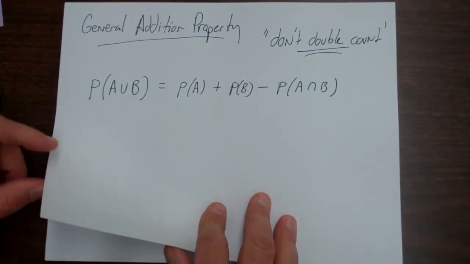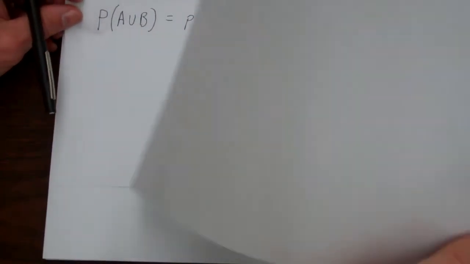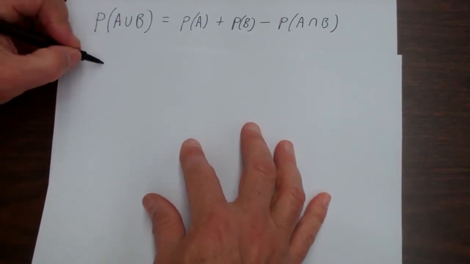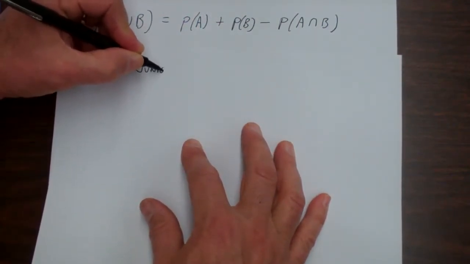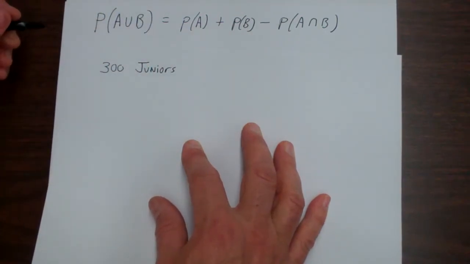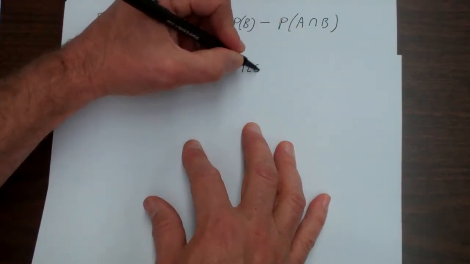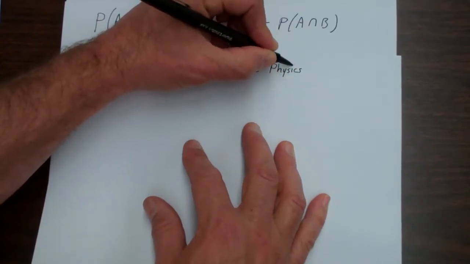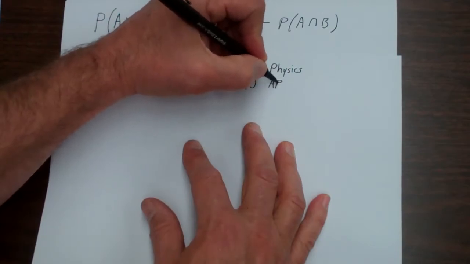And let's do a simple example using this. Let's use an example of some high school students. Let's say that we have 300 juniors at Thomas Jefferson High School. And of the 300 juniors, let's say 120 of them are taking physics, and let's say 90 of them are taking AP biology.